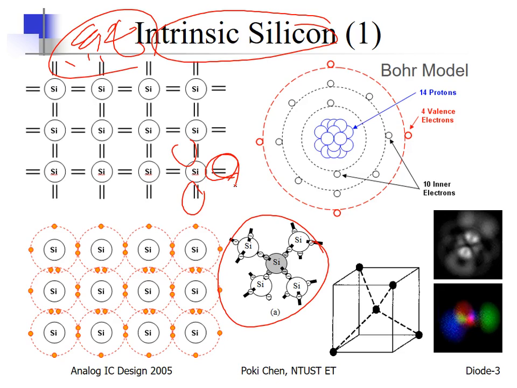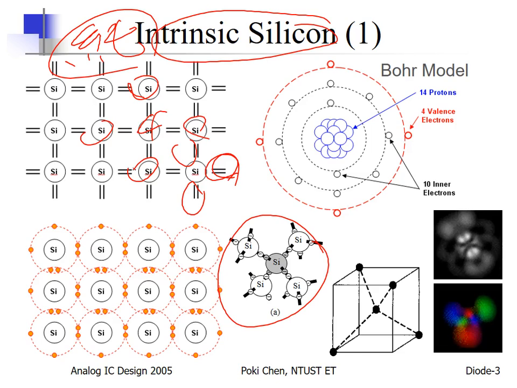But I have 4 covalent electrons, so my 4 covalent electrons will be shared with my 4 neighbors, right? 1, 1, 1, 1. I share 1 with you, you also share 1 with me, right?